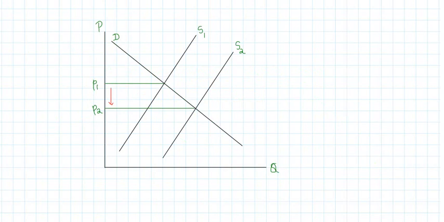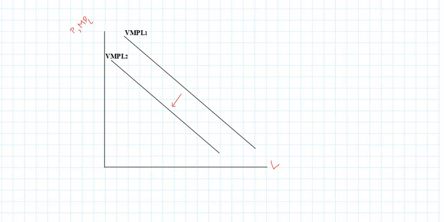Now, because price of output is an important component of value of marginal product of labor, if you now multiply this reduced price with MPL, you will see that VMPL will decline because price of output has declined.